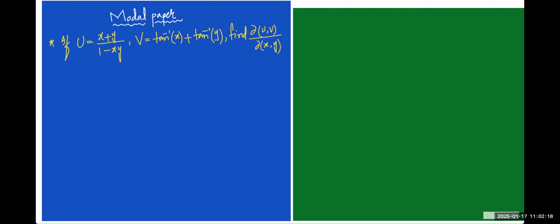Okay, so let us start. Solution. As I said so many times, when I am doing the problem, first of all we have to develop the relation between these two functions.